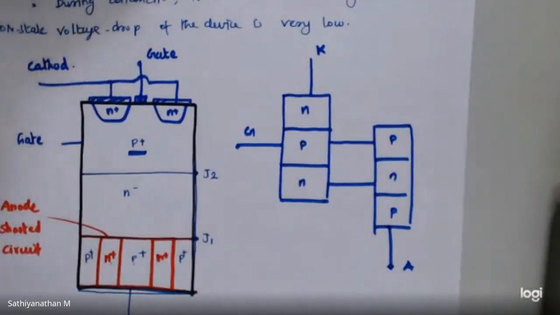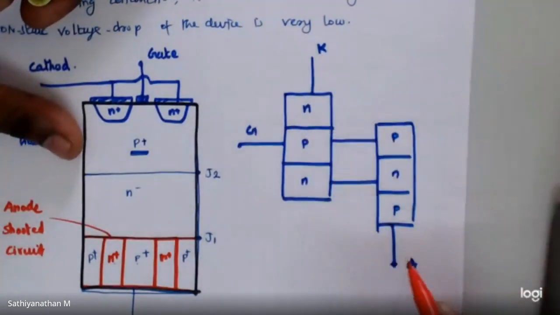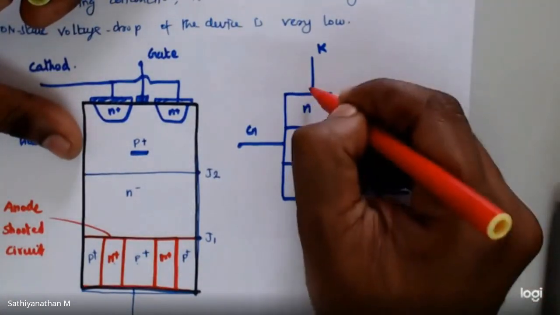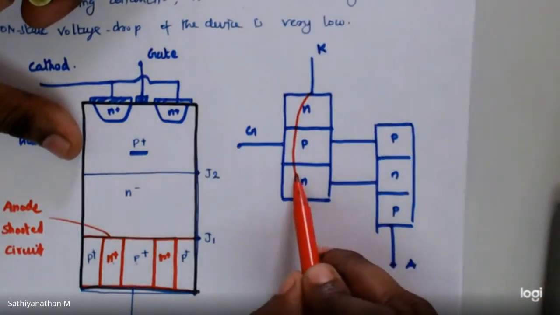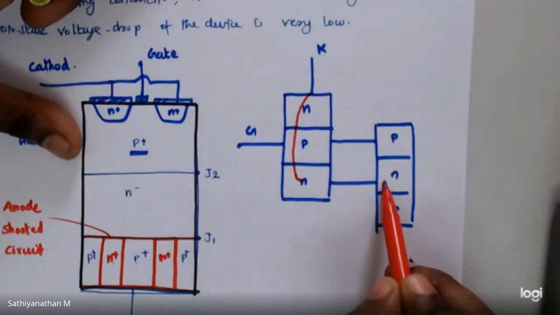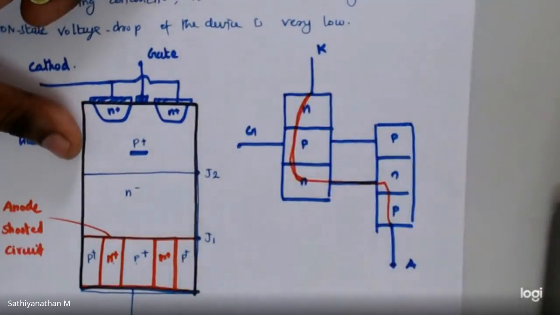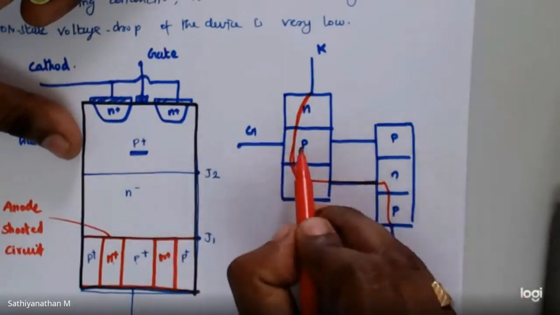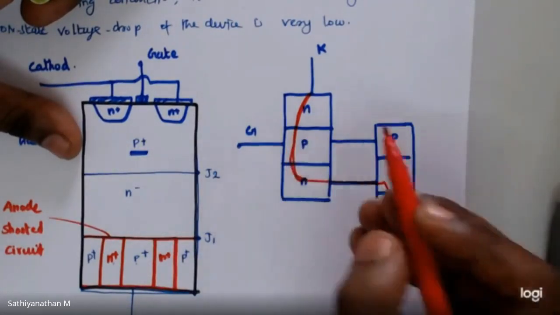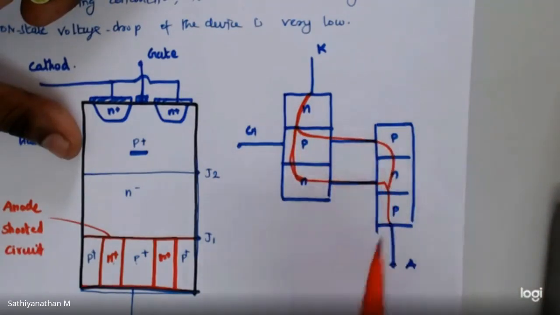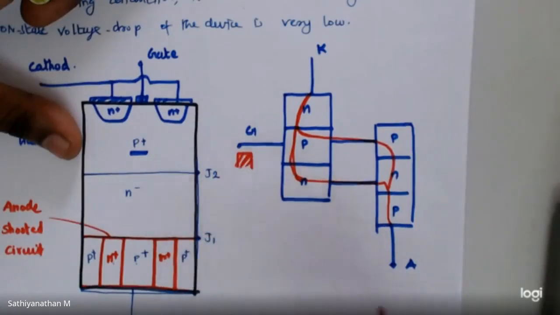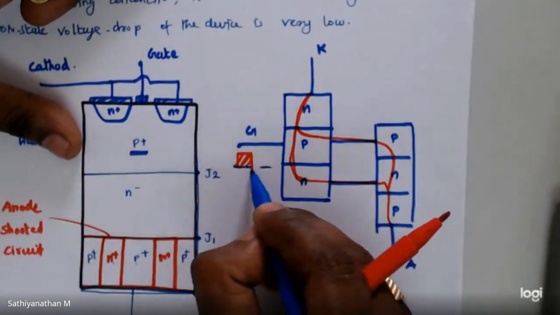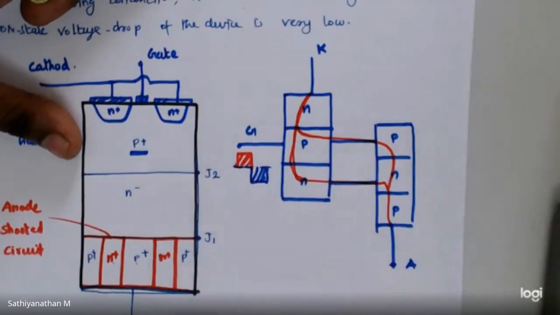If you connect the anode and cathode, the main circuit current or load current will flow from anode to cathode, and if you apply the gate, the current will flow from gate to cathode. We apply a positive gate pulse to turn on the device, and similarly a negative gate pulse to turn off the device.